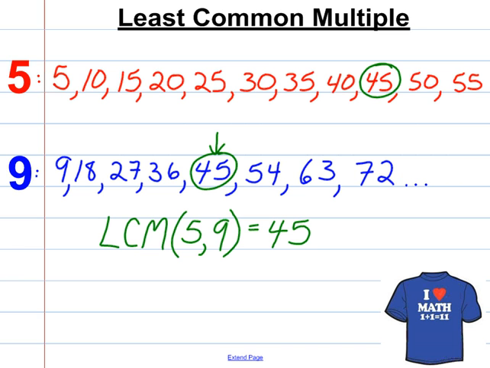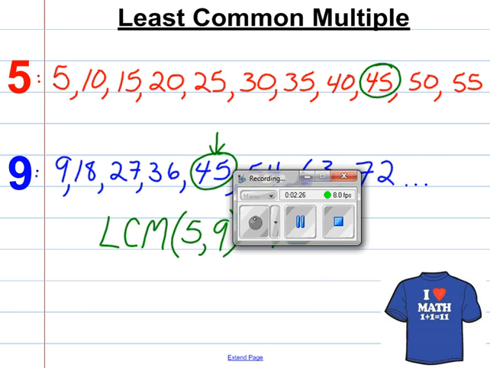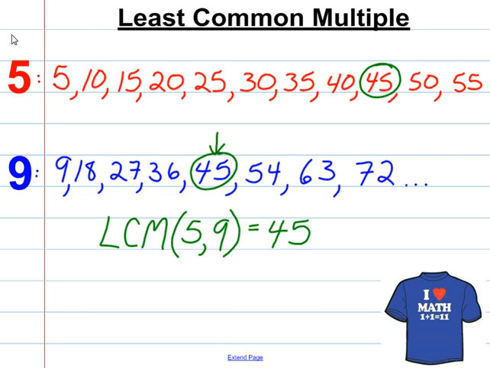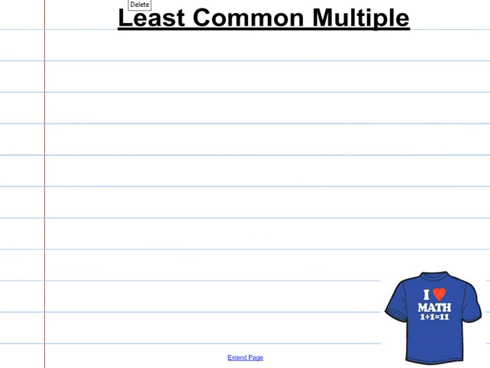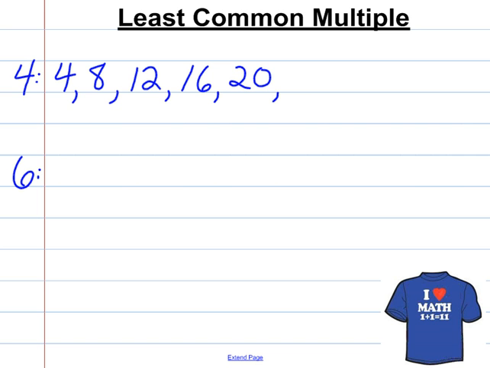And that tells me that 45 is a common multiple between the two, and it is the least common. So how we write that is, least common multiple of 5 and 9 is 45. Take your time, skip count, you can add, you can multiply, no problem.